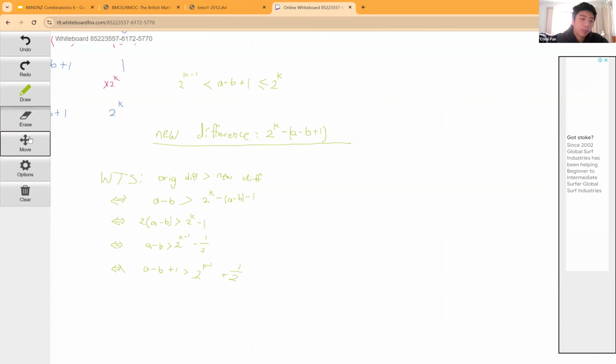But we know that a minus b plus 1 is bigger than 2 to the k minus 1, right? From this inequality up here.